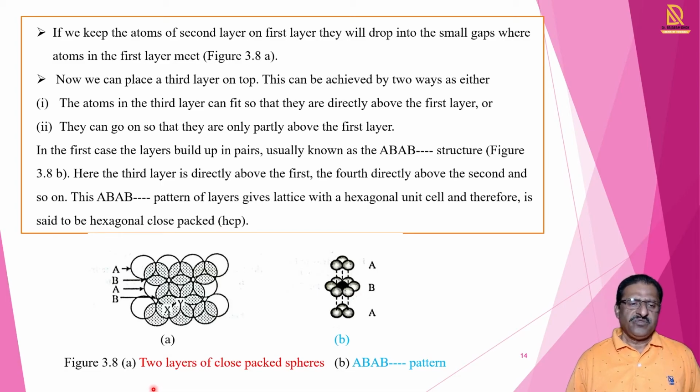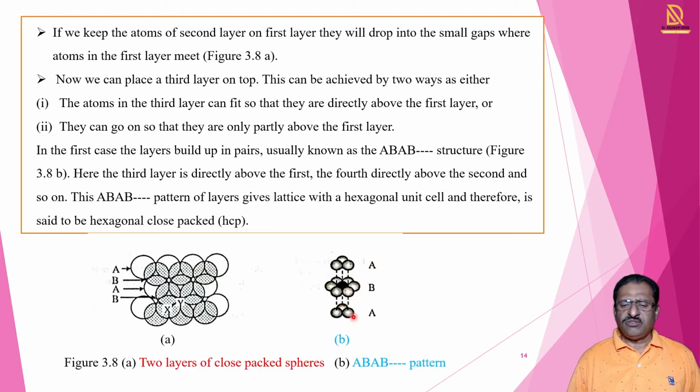In the first case, we place the second layer on the A, and again the third layer like A. So after A we place B, after B we keep A again.